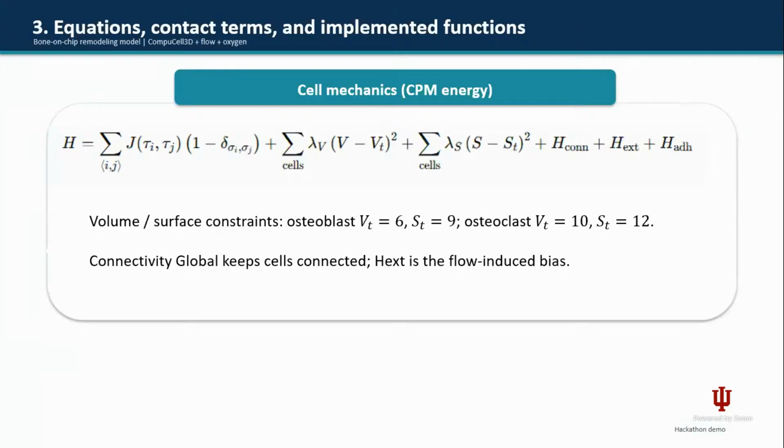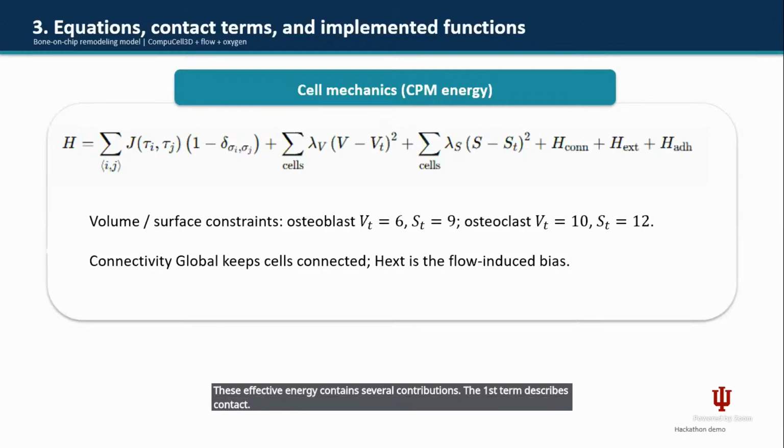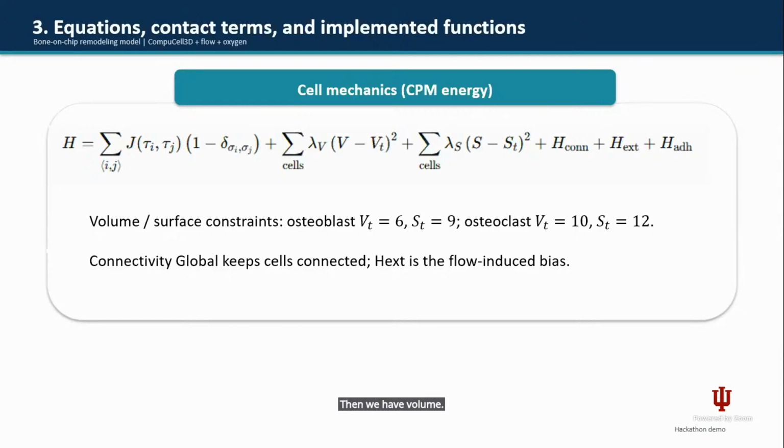The cell behavior is described using the Cellular Potts model. This effective energy contains several contributions. The first term describes contact energy between neighboring cell types. Then we have volume and surface constraints, which control cell size and shape.